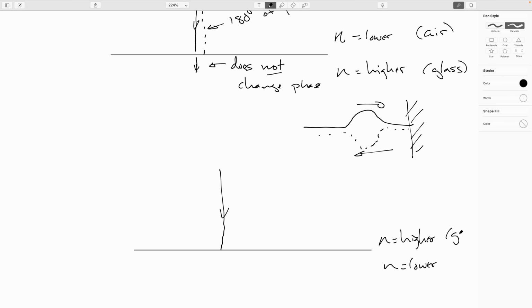So think of our ray of light as being in glass, and this is air on the other side of the boundary. It turns out that neither the refracted nor the reflected ray changes phase.